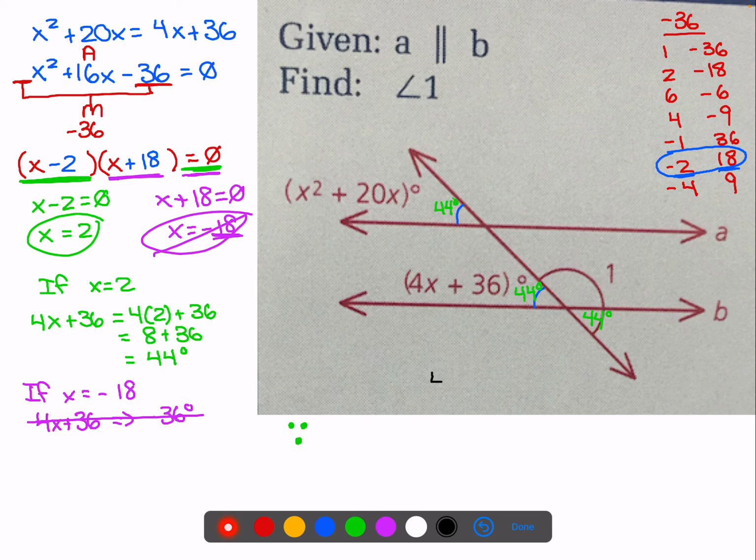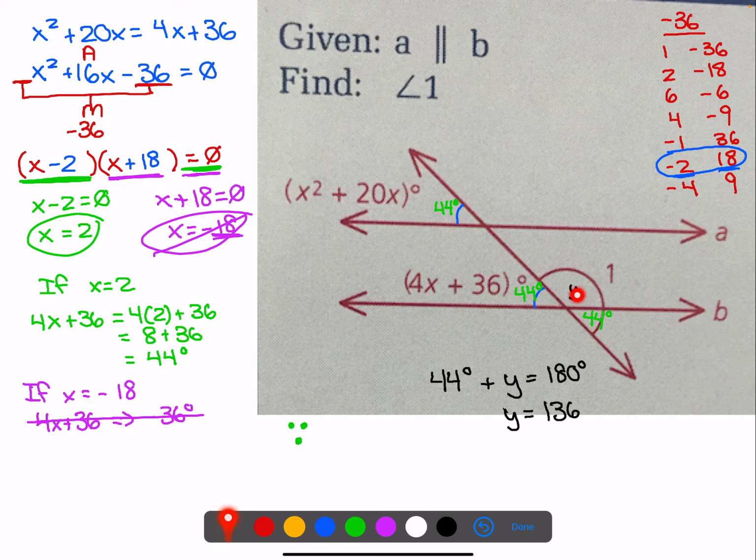So I can do 44 plus, well, let me change the variable, plus y, this is going to be y for now, is equal to 180 degrees. Well, when we subtract 44 from 180, we're left with 136 degrees. So y is equal to 136.